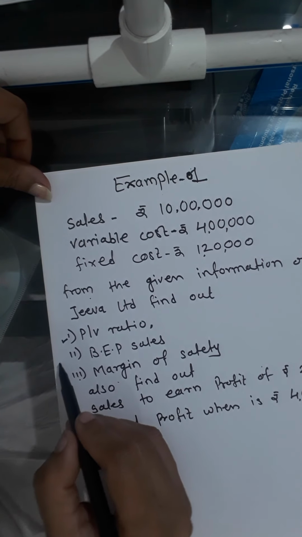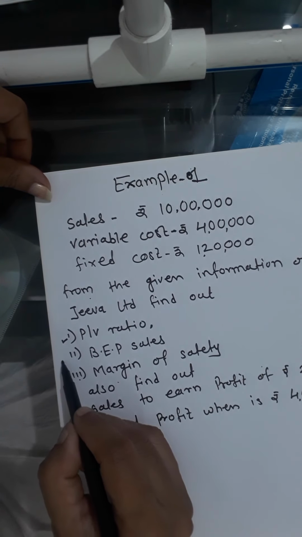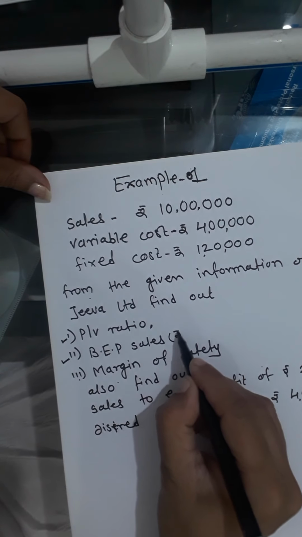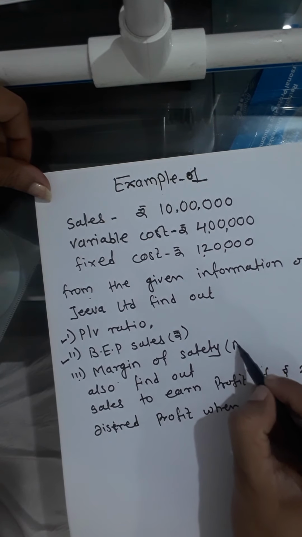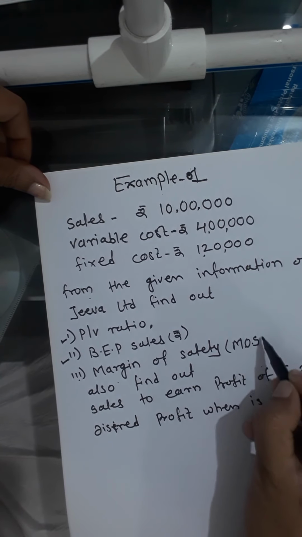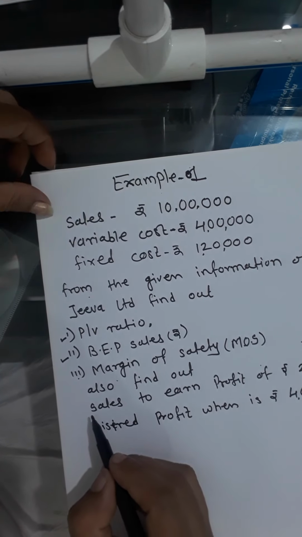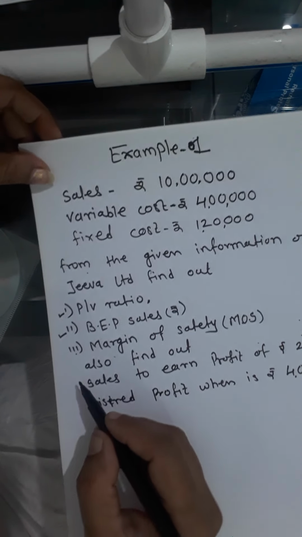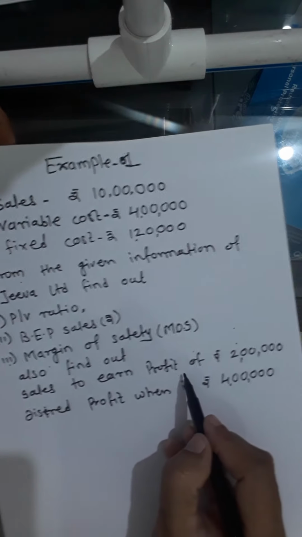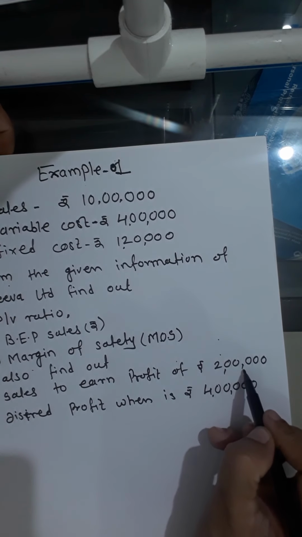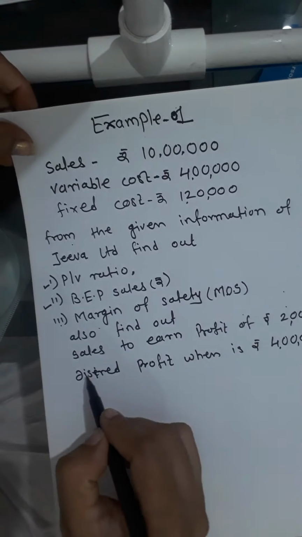We also have to find out BEP sales in rupees. Then margin of safety, that we call MOS. We also have to find out desired sales, that is sales to earn profit of rupees 2 lakh, and desired profit when sales is given, and that sales is rupees 4 lakh.